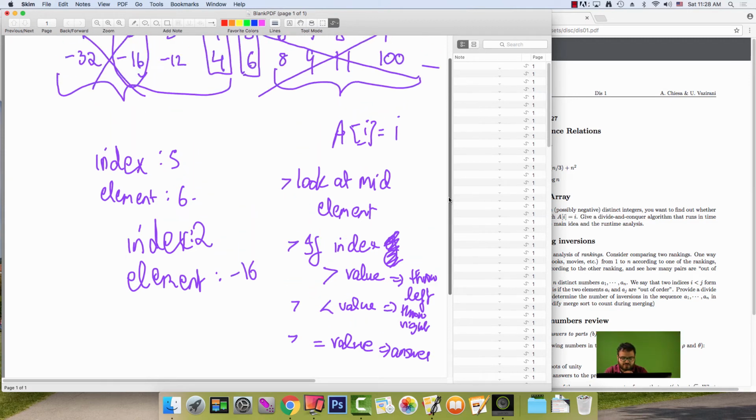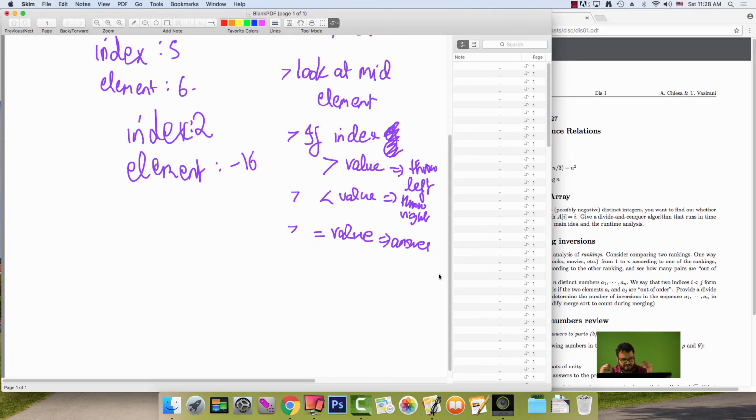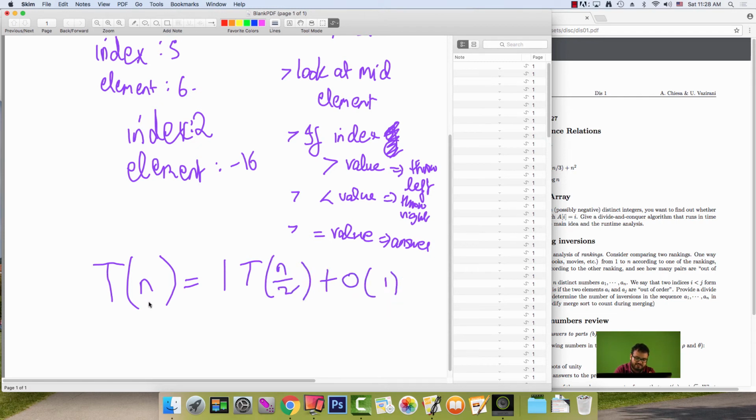And how do you justify the runtime analysis for divide and conquer problems? This basically entails writing out the recurrence relation and explaining it. Reading this off, there's a problem of size n.